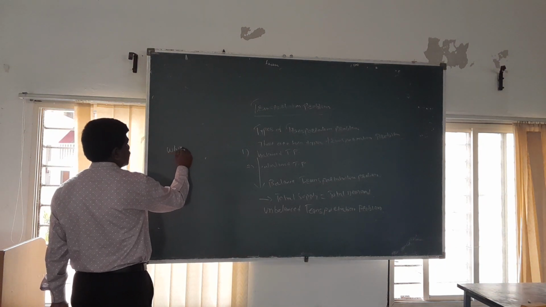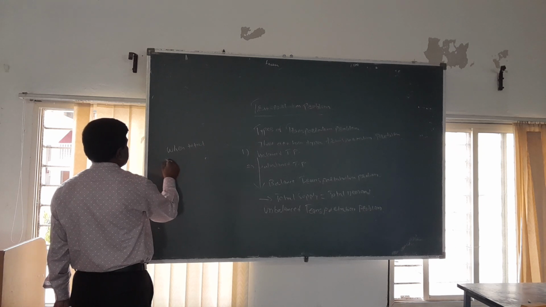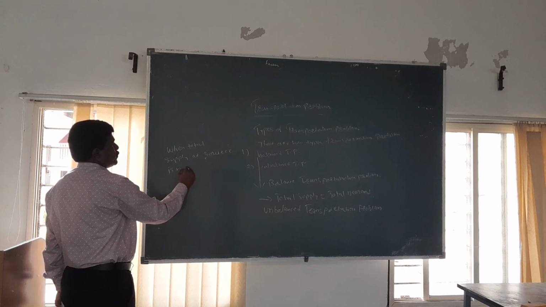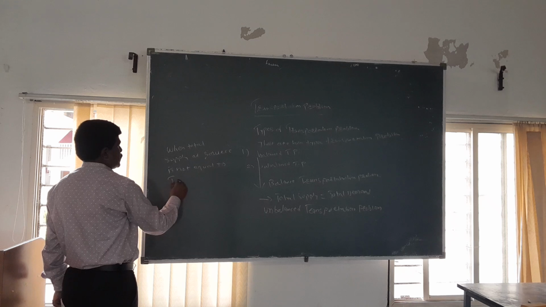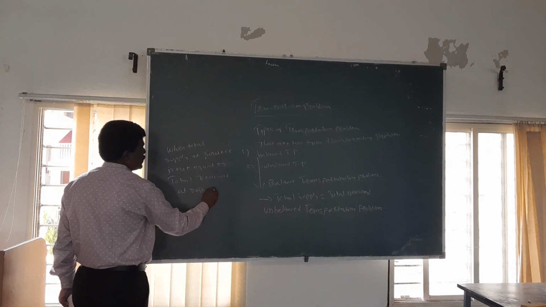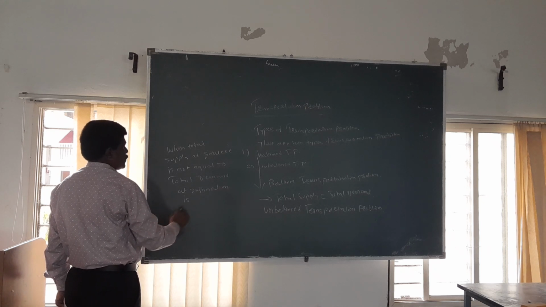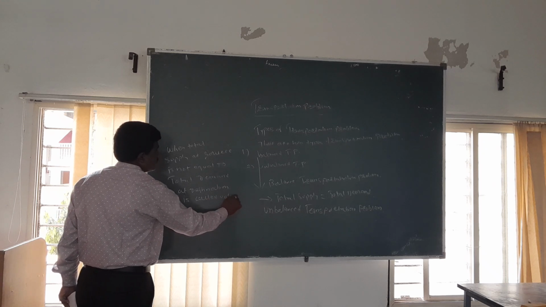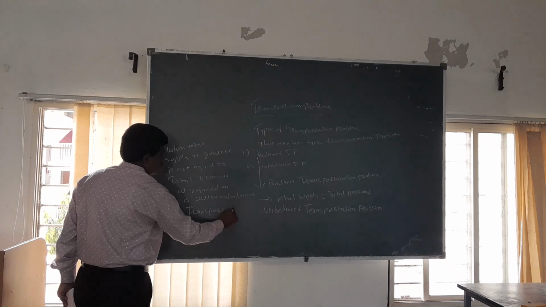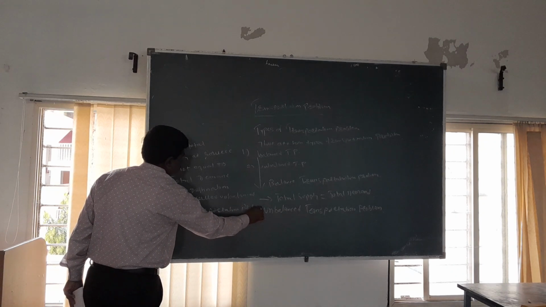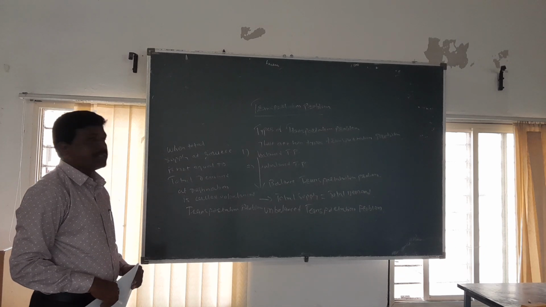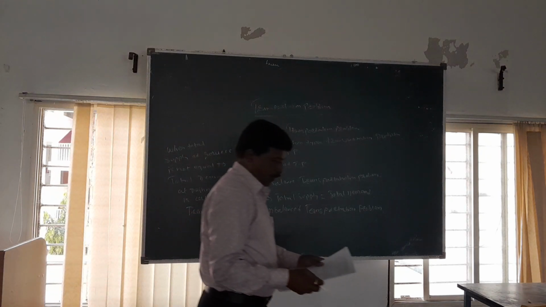That is, when total supply at source is not equal to total demand at destination, it is called an unbalanced transportation problem.